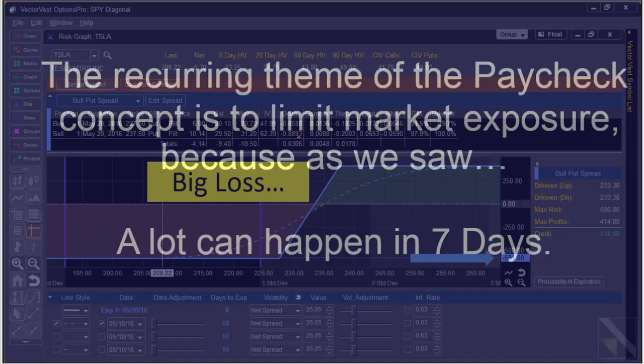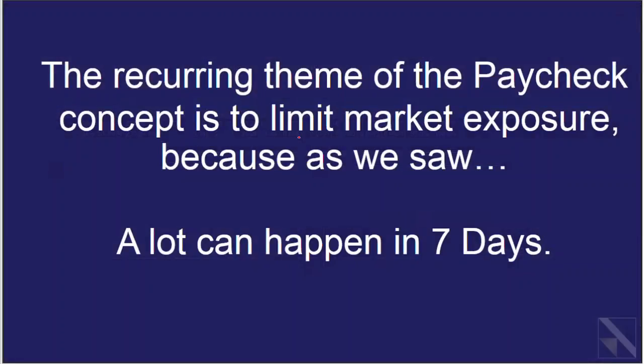And the recurring theme of the paycheck concept is to limit market exposure because a lot can happen in that 7 days. Now, I don't want to warn you guys to the point you're afraid of misanalyzing the credits, misanalyzing the over and under price. It takes a little bit of time for you to go back there and look at previous rises. Like I said, this is one of the more predictable things in options.